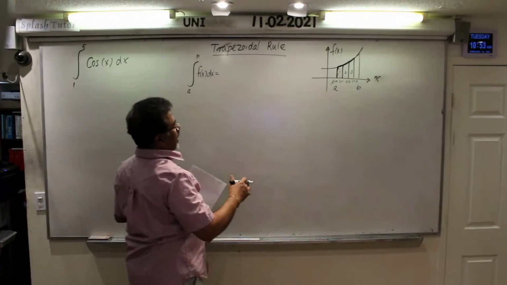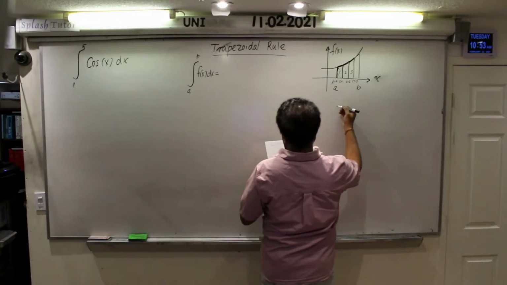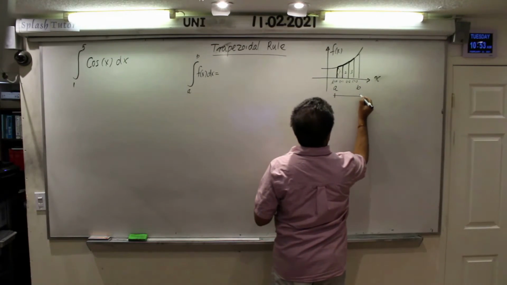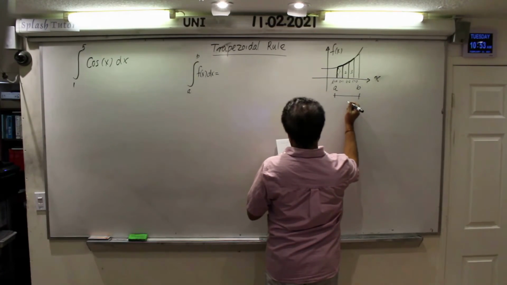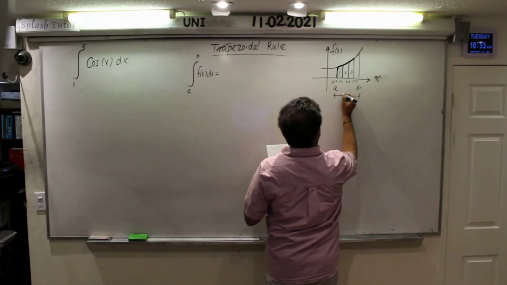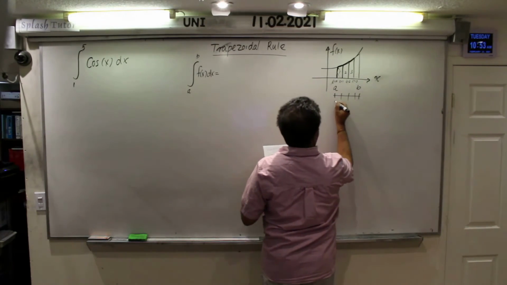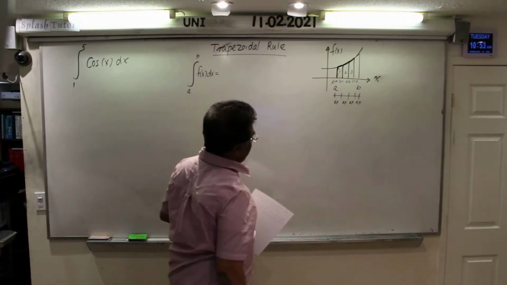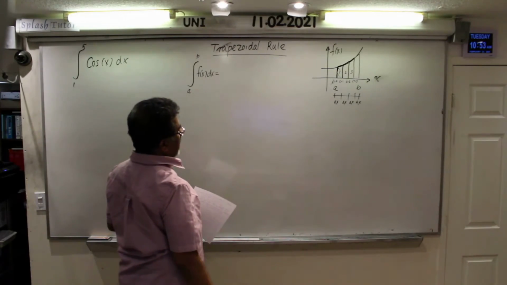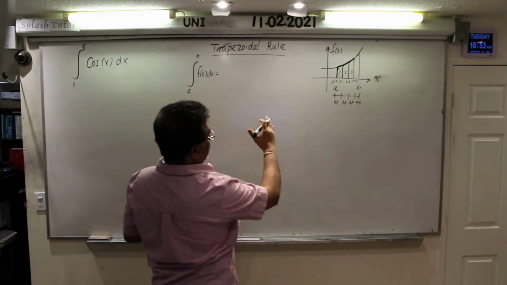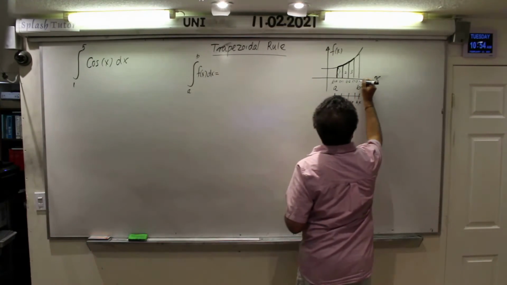Let's say each distance here we call delta x, and i goes from 0 to n, where n is the last one.